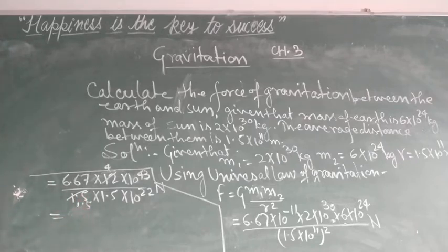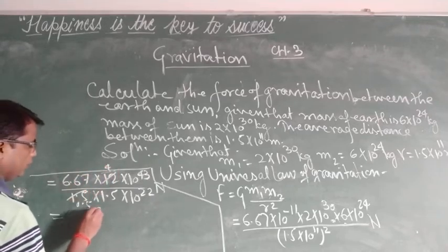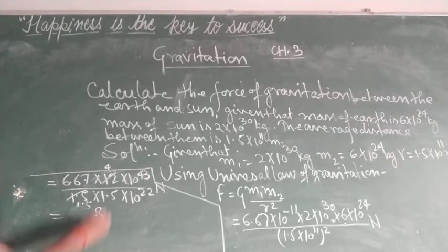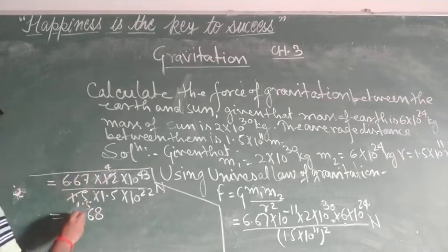Again this is not possible to divide. Here I will multiply by 4. 4 sevens are 28, 2 carry. 4 sixes are 24, 25, 26.